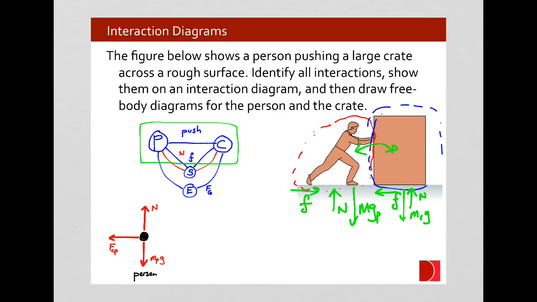We also said if the person is pushing the crate to the right, the person themselves should be sliding to the left. The reason that they're not is that there's got to be a force of friction holding them in place so that they'll be able to do the pushing on the crate. Going the other way, we have the crate we can consider as well.